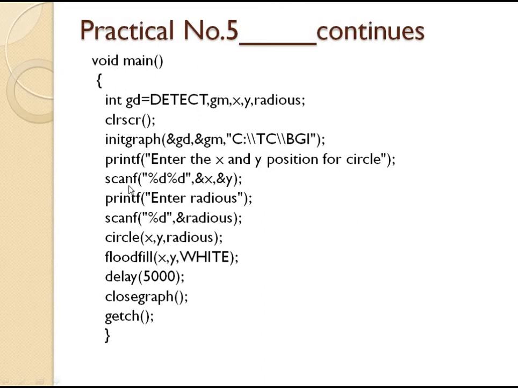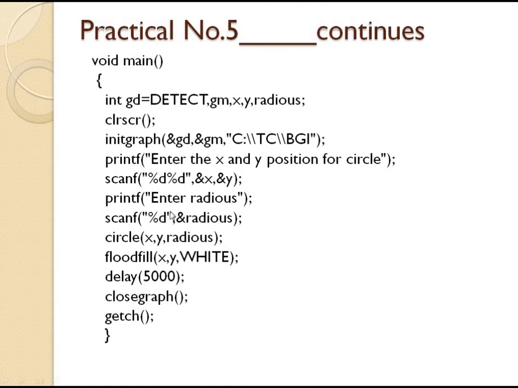Then we use the printf and scanf functions: the xy position of the circle, then scan percent d and percent d with the addresses of x and y. Then printf, enter the radius. First we enter the xy position of the circle and then the radius. Then scanf scans the radius value.